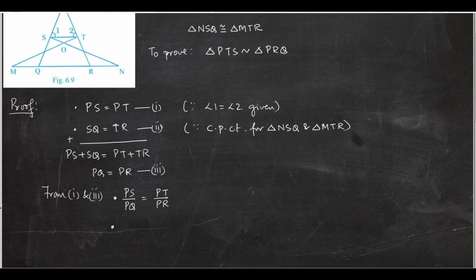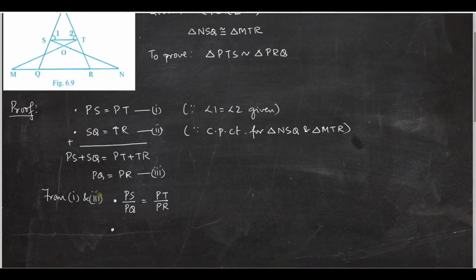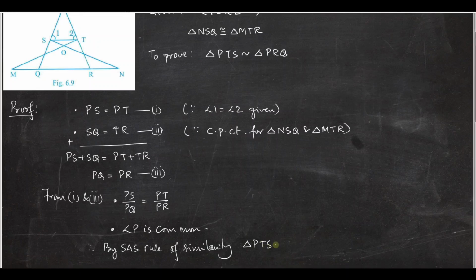And now what I have shown is this side divided by this whole side is equal to the ratio of this side divided by the whole side. Those are sides of the two triangles we are trying to prove similar. And then we know angle P is common, therefore by side angle side rule of similarity, triangle PTS is similar to triangle PRQ, hence proved.